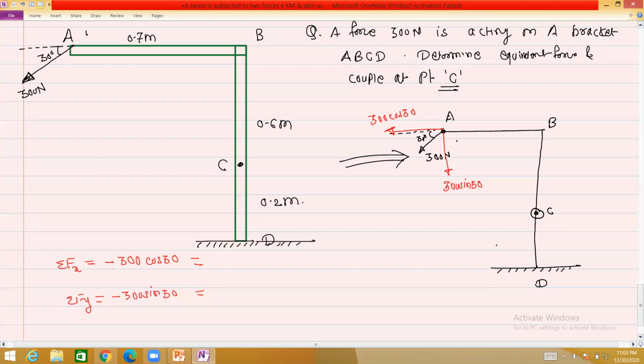So the summation Fx value is minus 259.81 Newton and 300 sin 30 is minus 150 Newton.